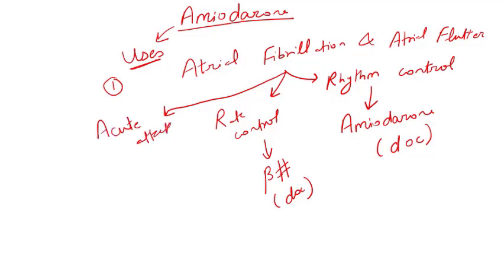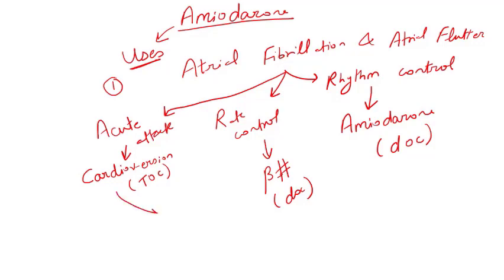Now, for an acute attack of atrial fibrillation and atrial flutter, cardioversion is the treatment of choice. What is cardioversion? It is a medical procedure by which arrhythmia is converted to normal rhythm using electric shocks.